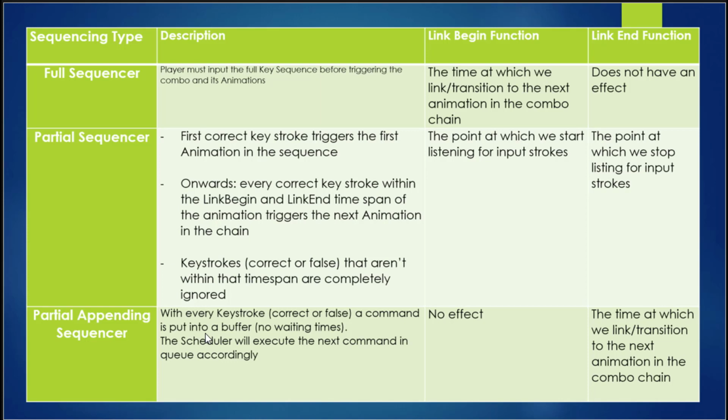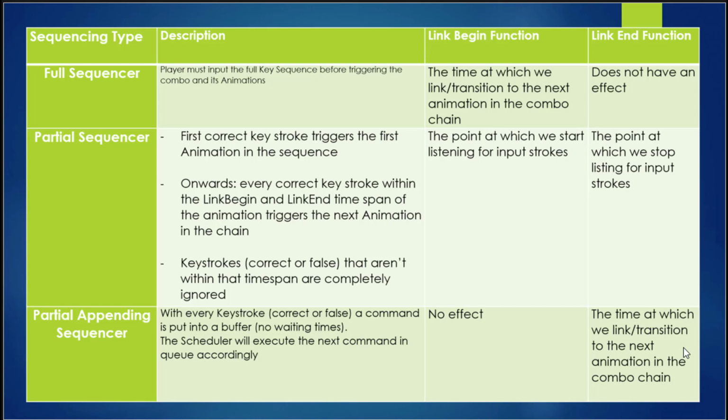So it's like putting the keystrokes inside a buffer, and the scheduler will determine when to play the next animation based on the command in the buffer. Link begin function does not have any effect, and the link end is the time at which we start linking or transitioning to the next animation.